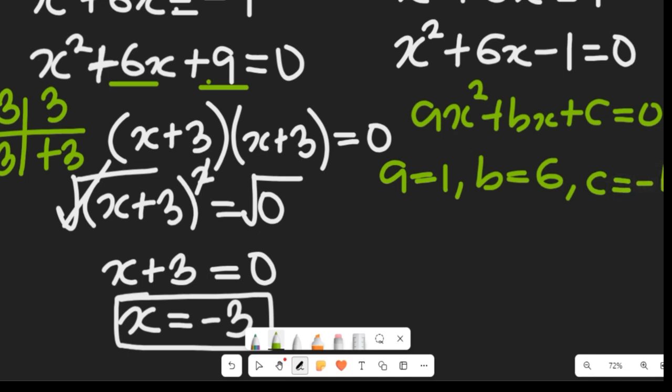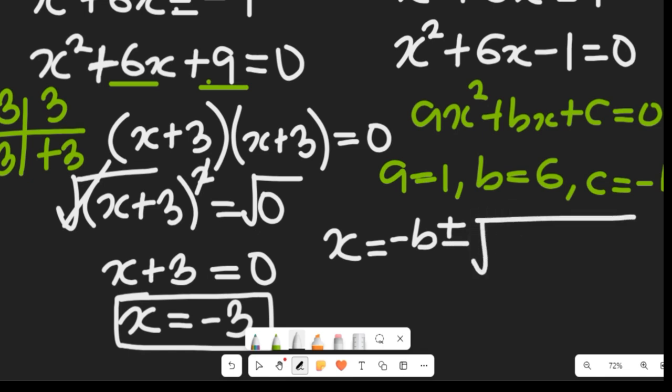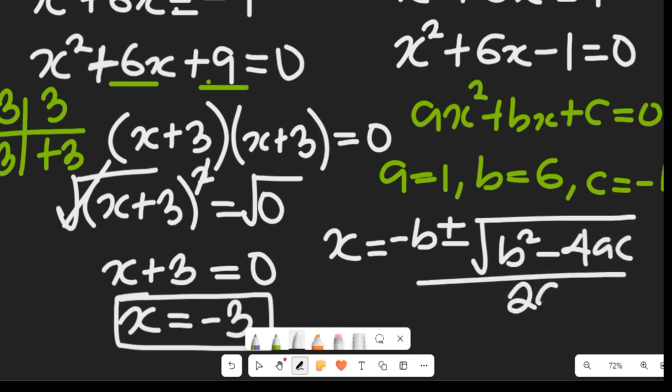So what do we have there? From that expression, you see that the value of our x can be equal to -b using the quadratic formula, plus or minus square root of b squared minus 4ac, divided by 2a.